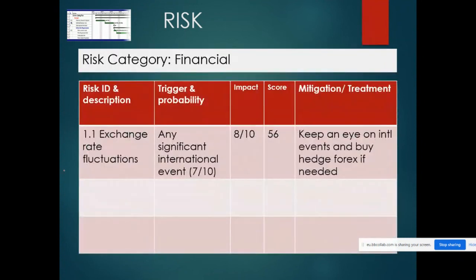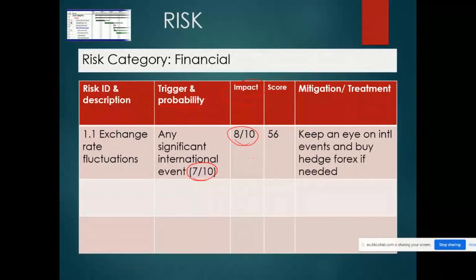So let me give you a quick example. Here's the financial category of risks, exchange rate fluctuations. What is the trigger and probability? The trigger is any significant international event might trigger it. The probability is the chance of it happening. I've given that a 7 out of 10. There's a pretty high chance that something will happen that will affect the exchange rate.